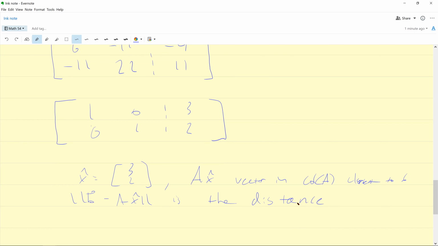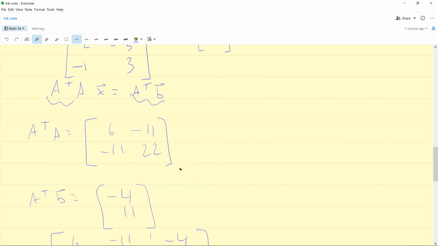So really this set of normal equations is a question in terms of A transpose, right? This A x is some vector, and this b is some vector. So we're trying to find out something about A transpose. But we don't actually know a lot about A or A transpose individually.